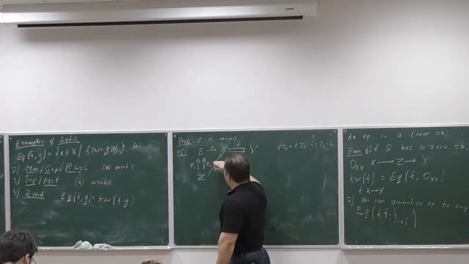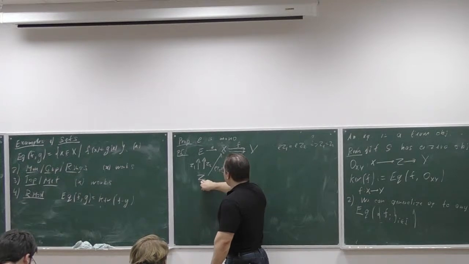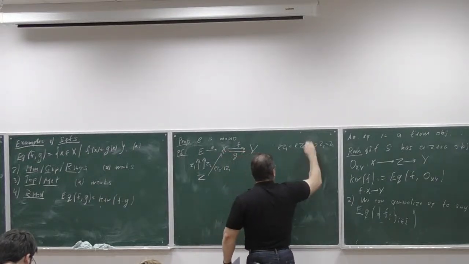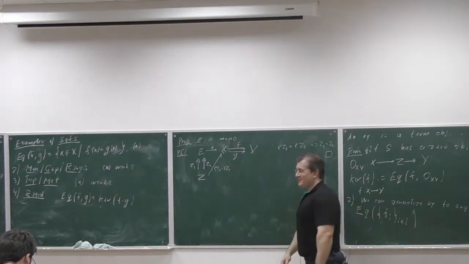But for any Z to the equalizer, there is only one map such that this is a commutative triangle. Hence, we prove that statement.